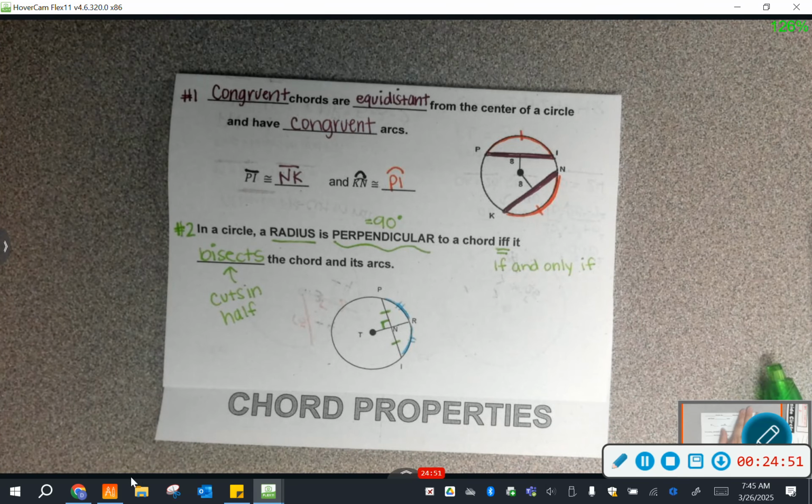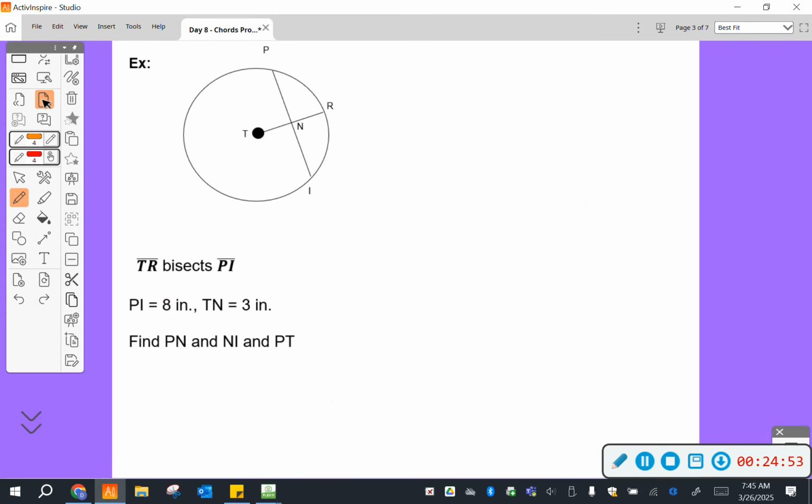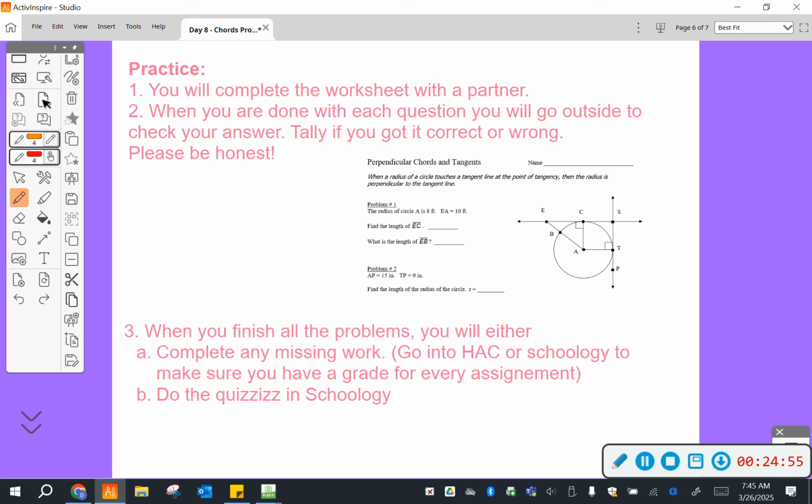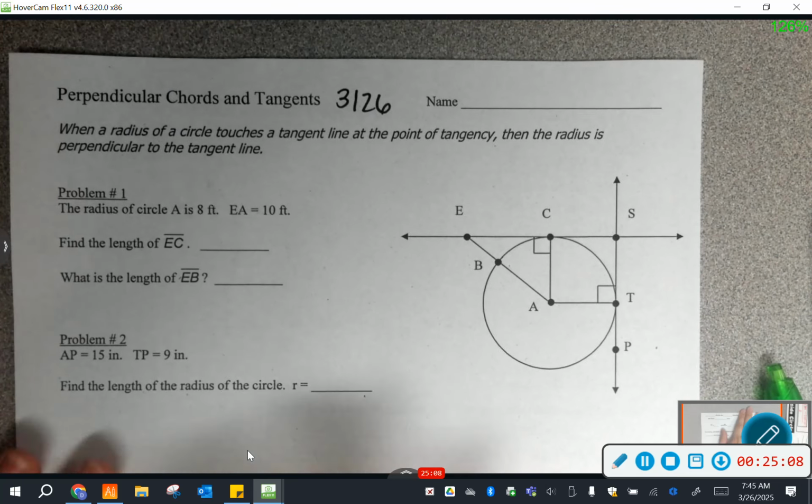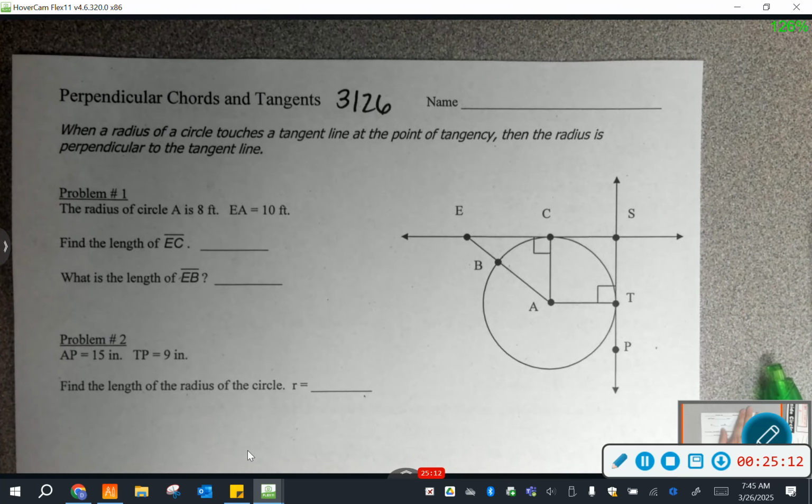Okay. For the rest of class, here's what we are going to do. You can work with a partner to complete this worksheet. I'm actually not going to have you do it all. If you can please look up right now. I do want you to do 1 and 2. You'll have to do Pythagorean theorem on both.